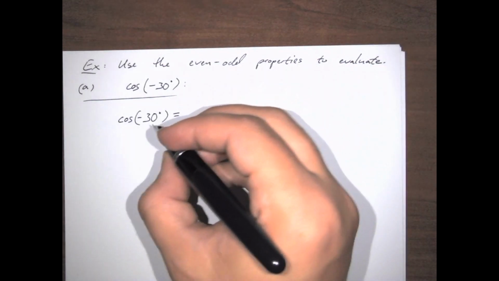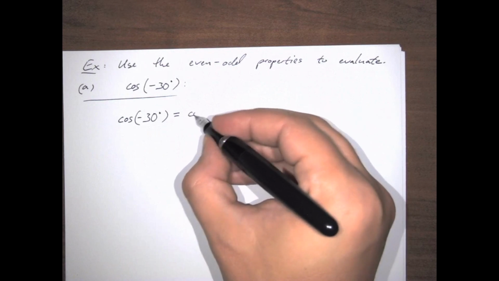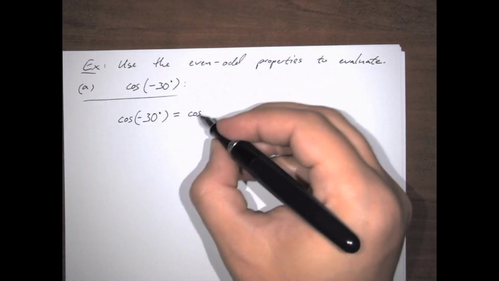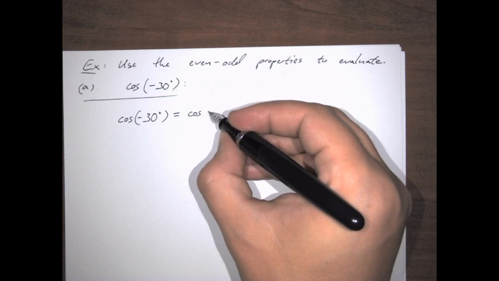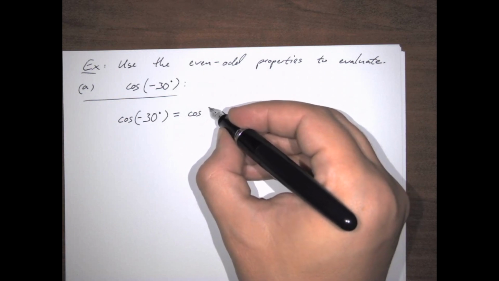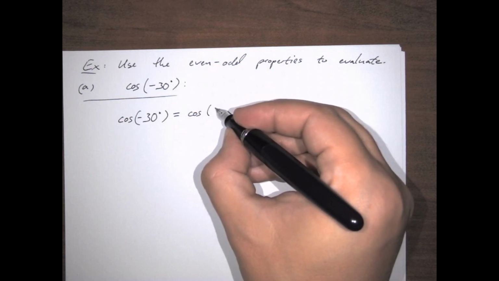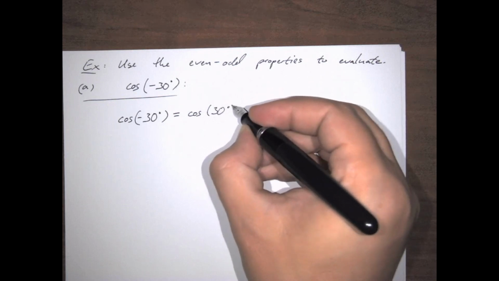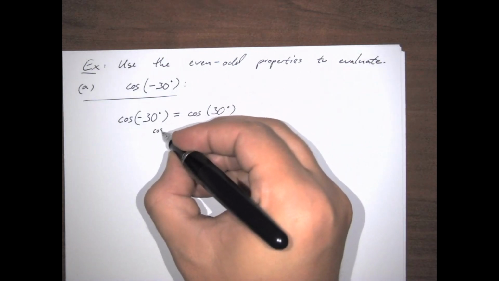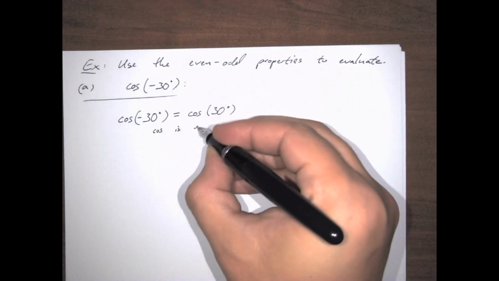So cosine of negative 30 is equal to, well, cosine was the even one, so cosine and secant are the even of the trig functions, so that means that the negative might as well not even be there. So cosine is even.